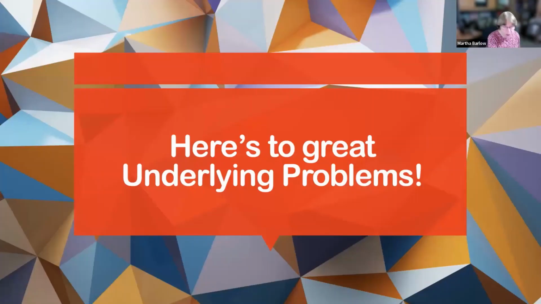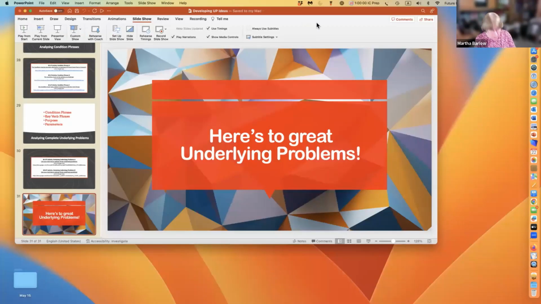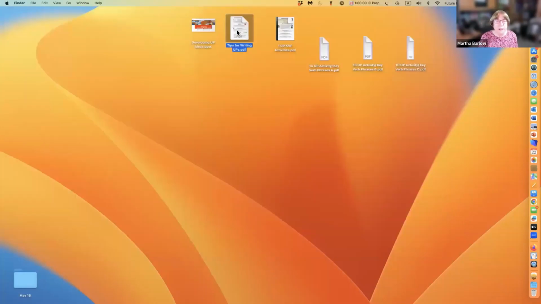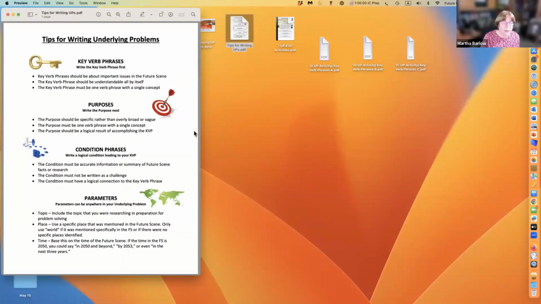So I'm going to jump out of this and show you some of the quiz things. In the materials will be this, and this is just what we're looking for. Key verb phrases should do this, must be this, purposes and all of that, and the parameters. I'm looking at the key verb phrase ones now.